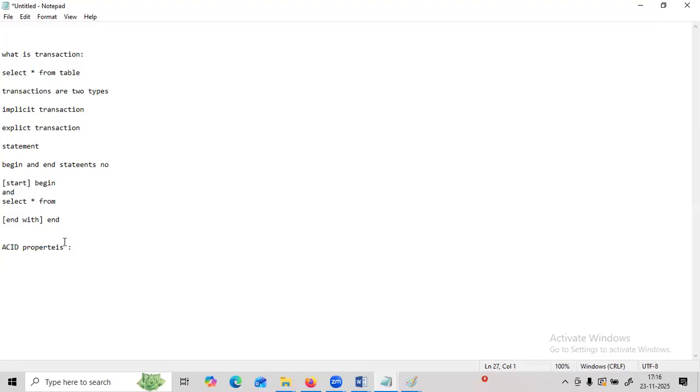So now we'll go for the ACID properties. They are very important. Right now we are going for a smaller one or two line definition. But when we go for performance tuning, we have to understand more about the I. The I is very important.